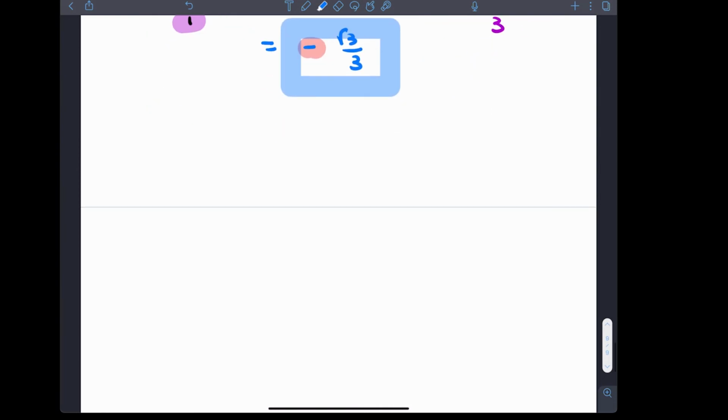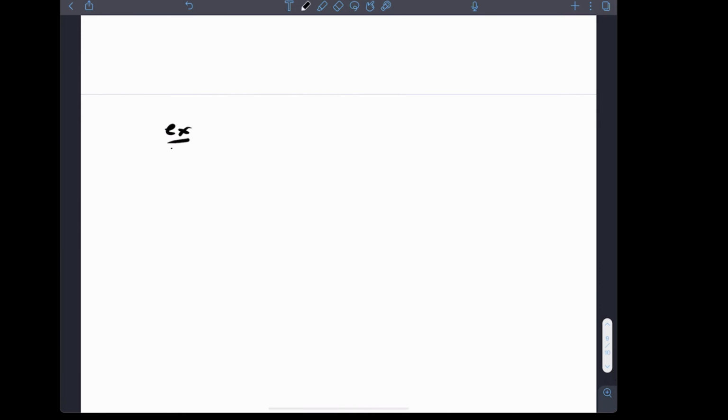I'm going to give you guys some examples. Okay. Number 1, secant of negative pi over 3. Number 2, tangent of 11 pi over 3.